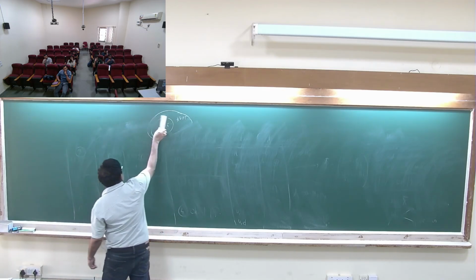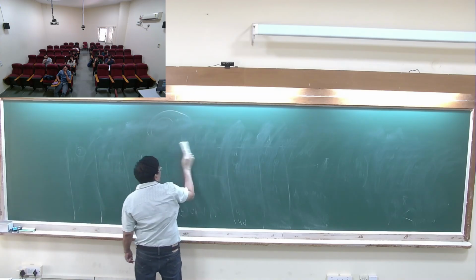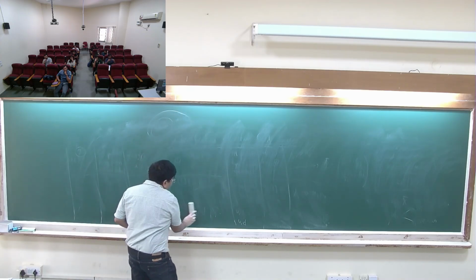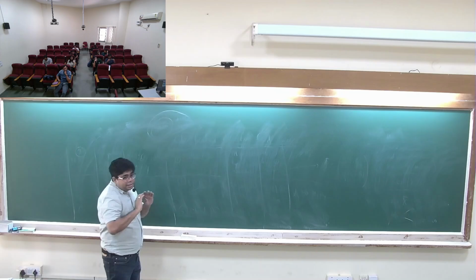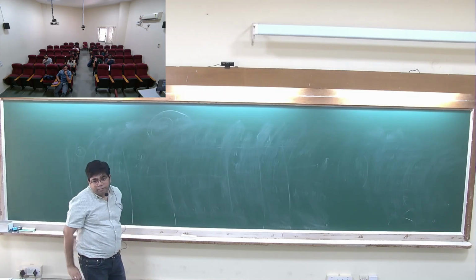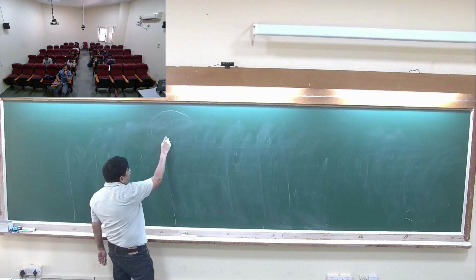I am repeating this. I told it already in 2 classes, but I am repeating it again because this example really shows the philosophy of effective field theory. So let's take K0 K0 bar again.